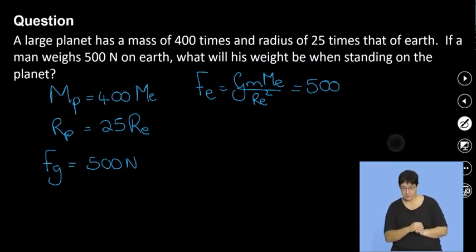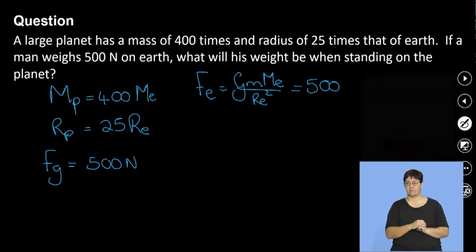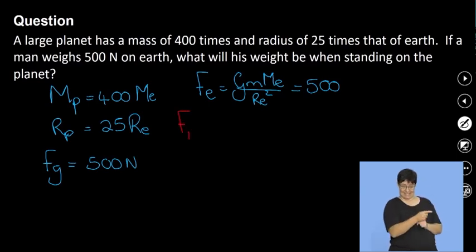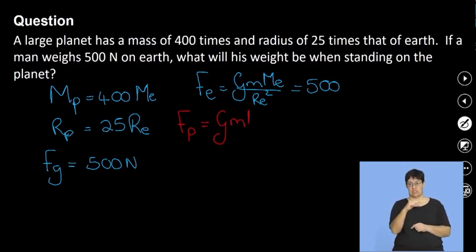If I now look at the planet, the force of the man on the planet is G, mass of the man, mass of the planet, over the radius of the planet squared.